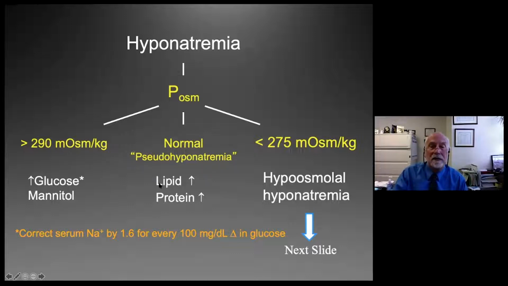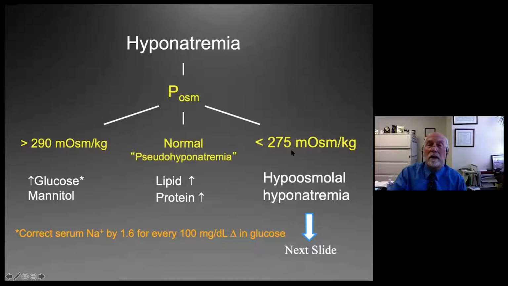Then there are these conditions of pseudo-hyponatremia, where an artifact of the way the sodium is measured, due to elevated lipids or protein, gives you a low serum sodium but a normal plasma osmolality. You wouldn't need the plasma osmolality if you measured this on whole blood, but most labs, particularly from the emergency room and other places, are not routinely starting the analysis with a whole blood measurement.